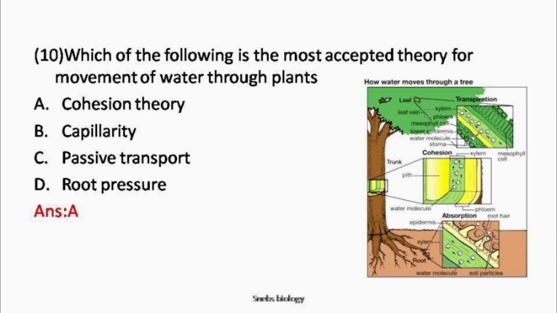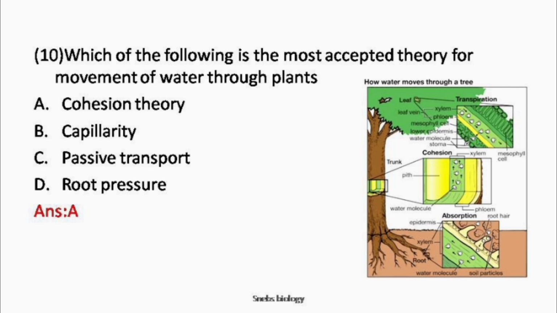The loss of water from mesophyll by transpiration creates transpiration pull or tension which is transmitted downwards. The column of xylem resists breaking due to the force of cohesion between water molecules and adhesion between water and the wall. So the correct answer is option A, cohesion theory.